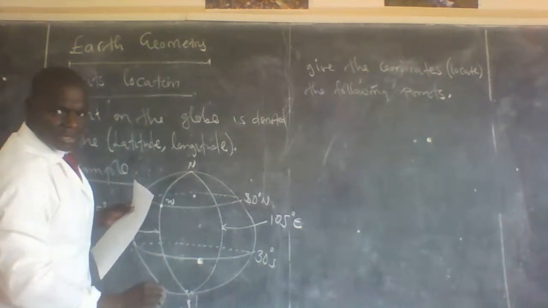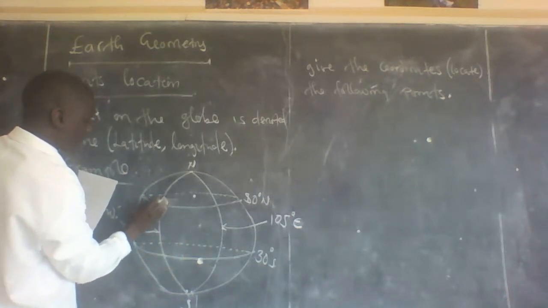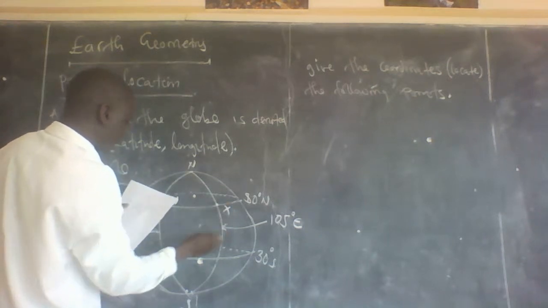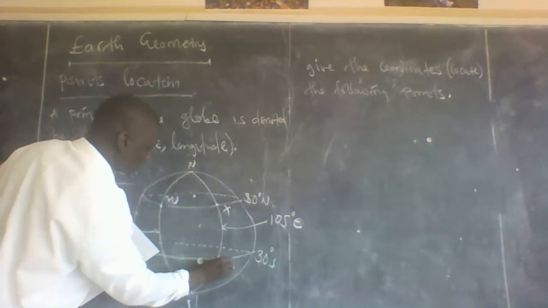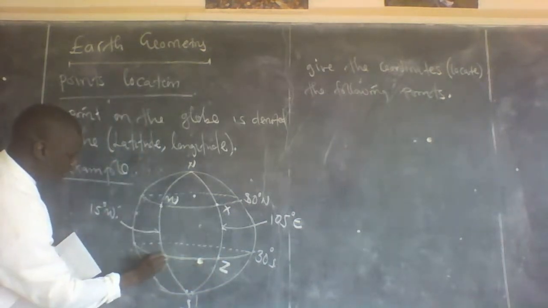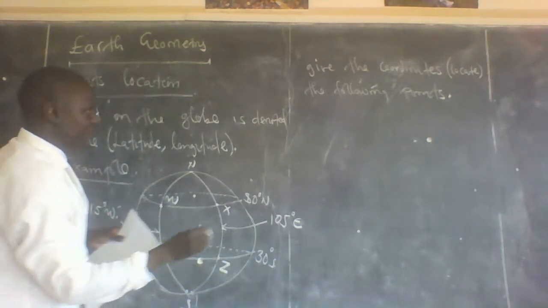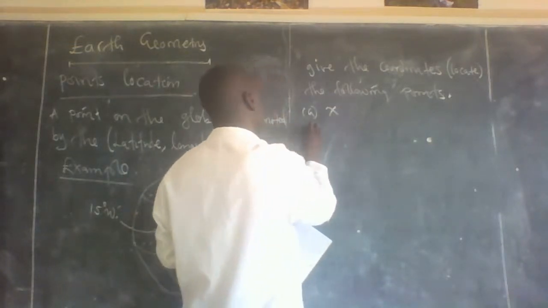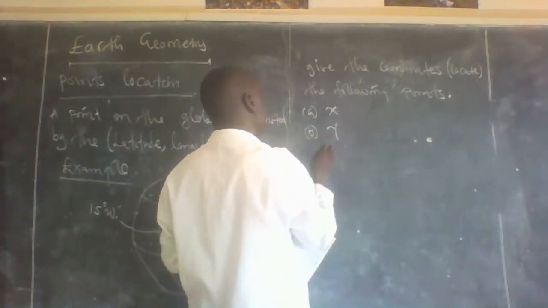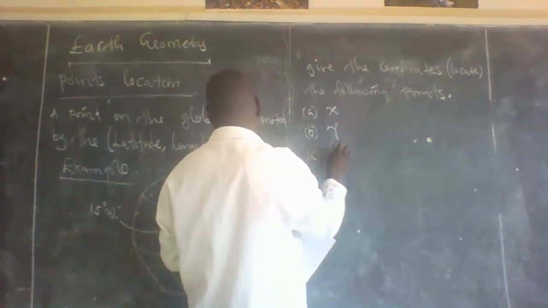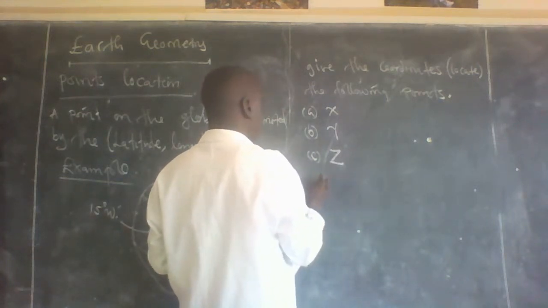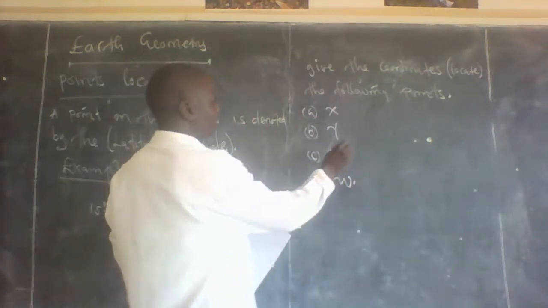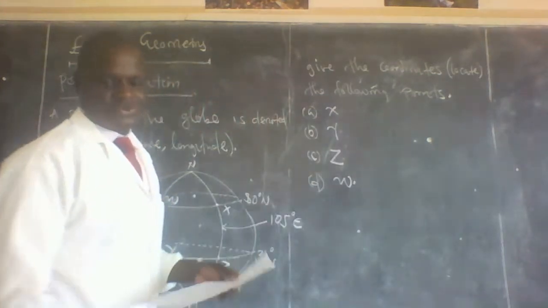This point here is W, this point here is x, this point here is z, and this point here is y. The following points: A, we have x, B, we have y, C, we have z, and D, we have w. So these are the four points that we are going to look at.